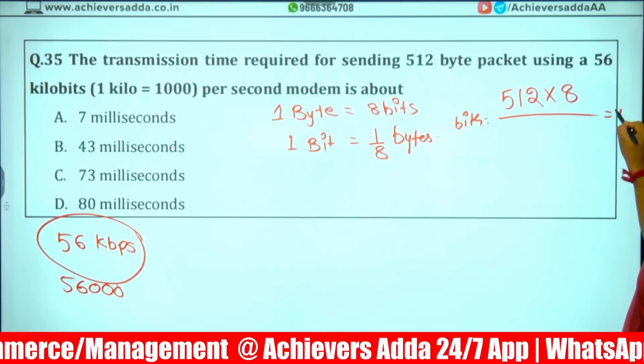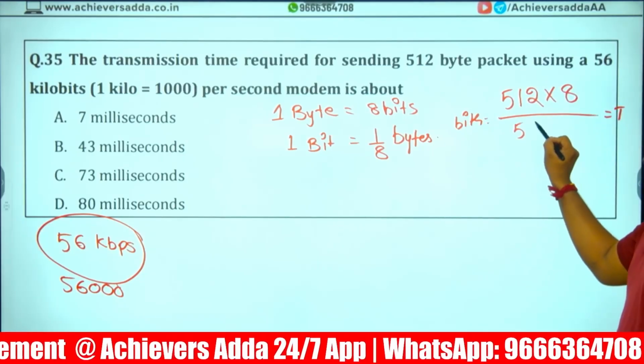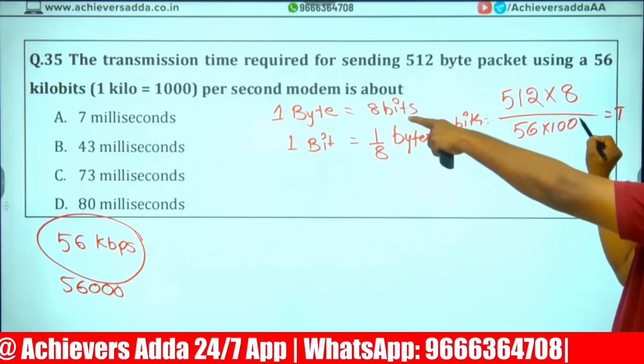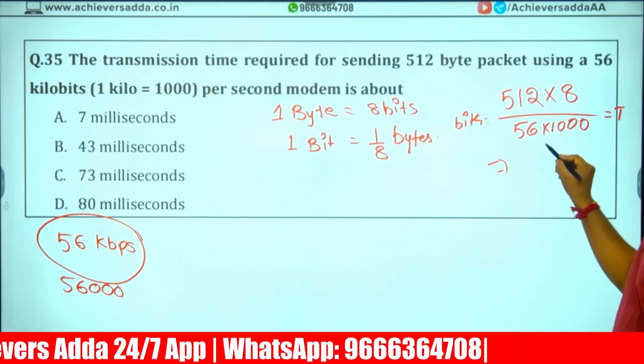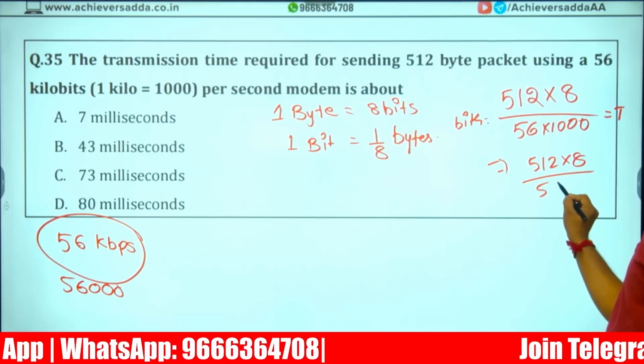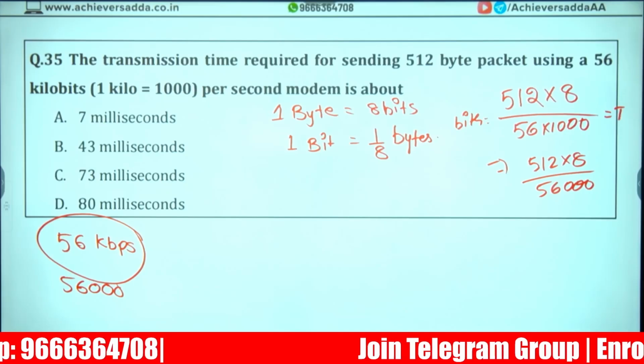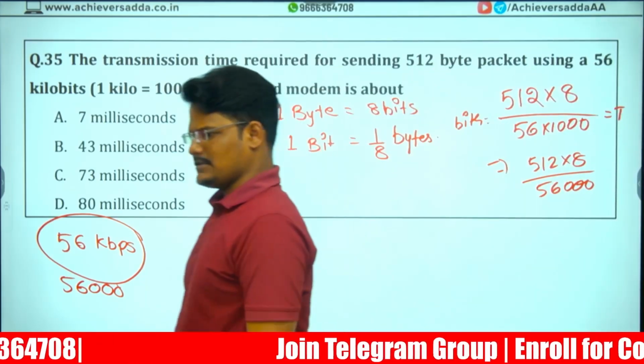Time equals distance divided by speed. Here, size divided by speed. 56 into 1000, because per second 1000. So here 512 into 8 divided by 56,000. Can we cancel anything? 56, can we cancel?